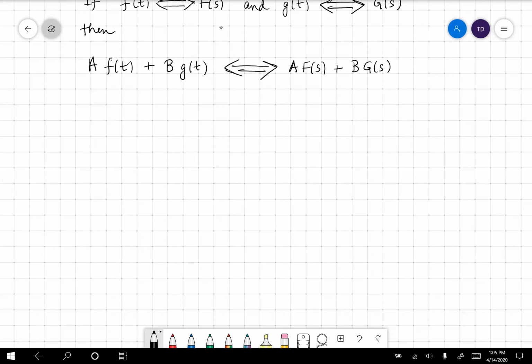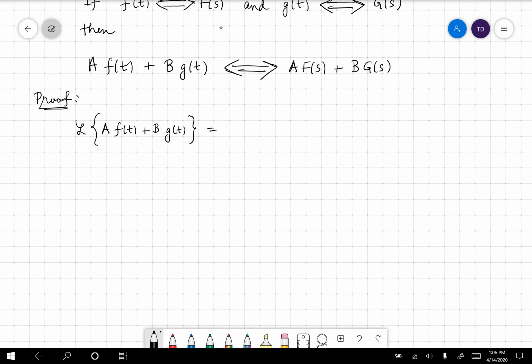Let's do this proof. So looking at the Laplace transform of a f of t plus b g of t.